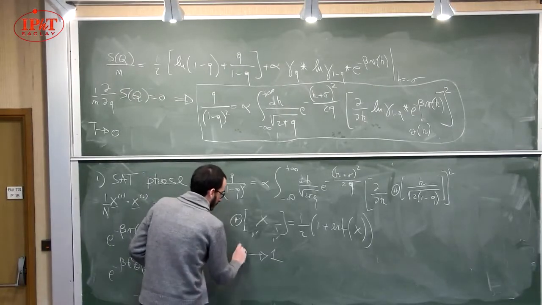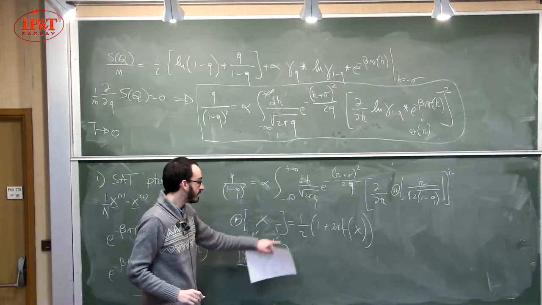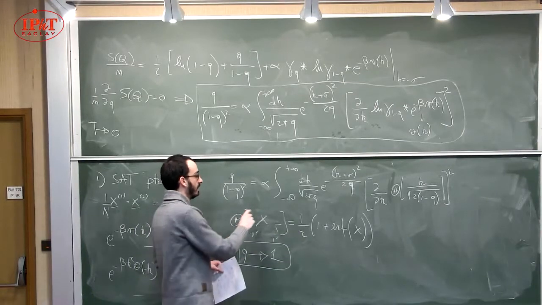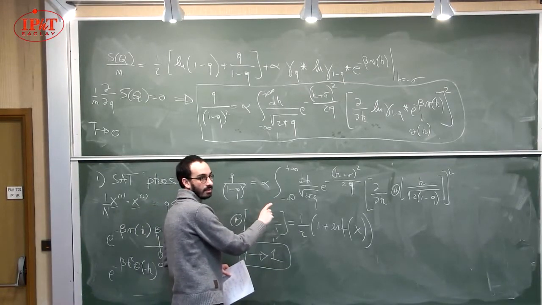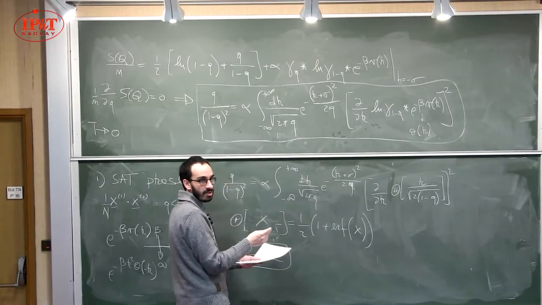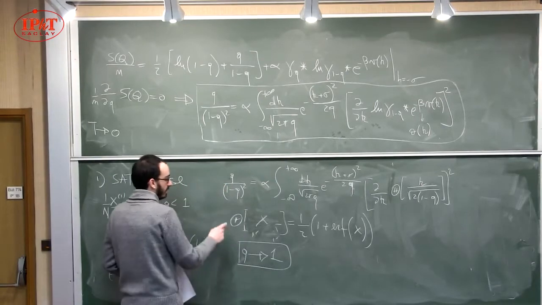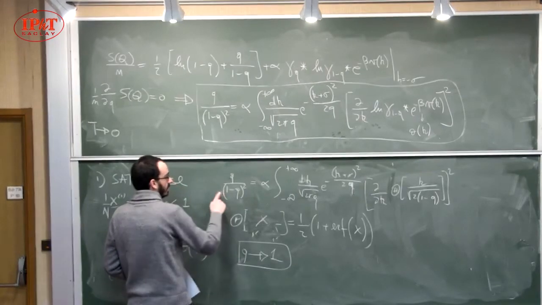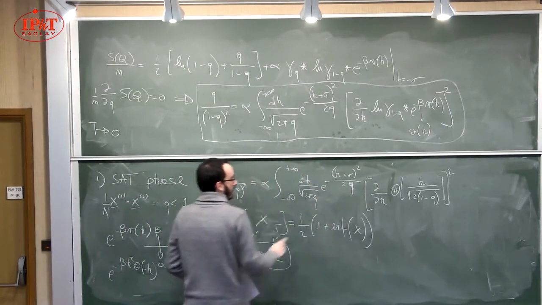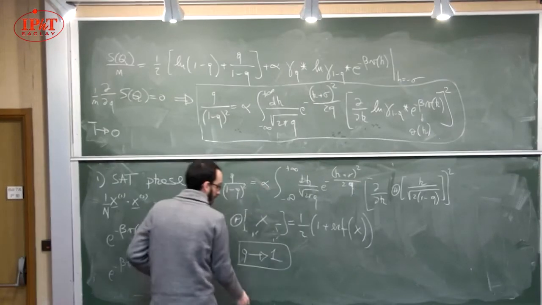And so when Q goes to 1, this just gives you the satisfiability threshold, where a typical constraint satisfaction problem becomes unsat. So you take this limit, you plug it here, and from that you get the satisfiability transition line.